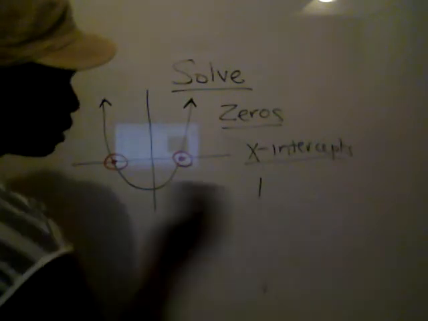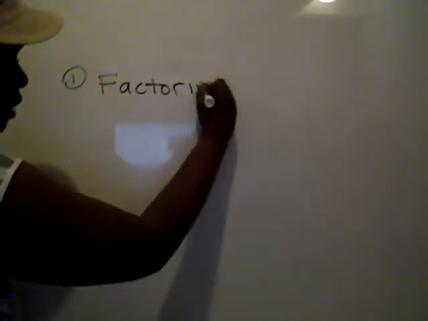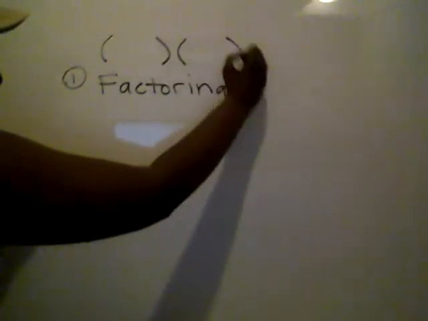Now, when we're solving, we have a bunch of different methods. There are really just 3 different methods that we can use to solve. The first method that we'll go over is factoring, the factor method. You guys did a really extensive unit on factoring. When we do the factor method, we're just trying to factor to get it in terms of 2 parentheses.